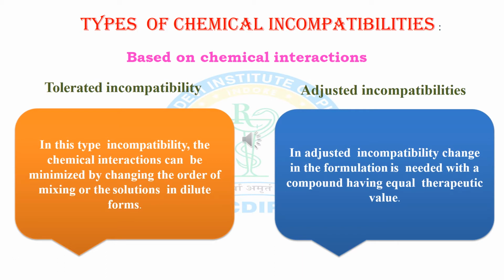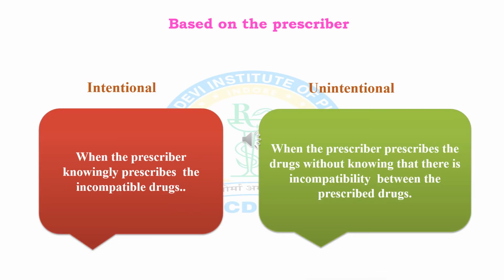So the chemical interaction can be prevented by adding or substituting one of the reacting ingredients of a prescription with another which has equal therapeutic value. An example of this adjusted incompatibility is that caffeine citrate can be substituted with caffeine in a sodium salicylate and caffeine citrate mixture.